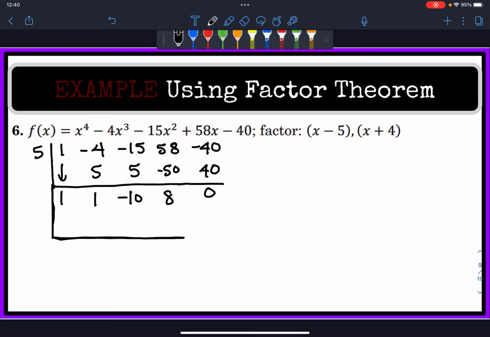So this one right here technically is 1x to the 3rd plus 1x to the 2nd minus 10x plus 8. But we can factor this again using the technique because this is to the 3rd power. So let's use the second factor so we can bring this down, divide it again, and end up with a quadratic.